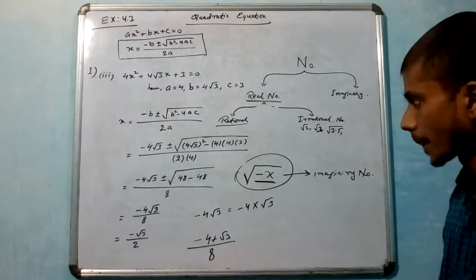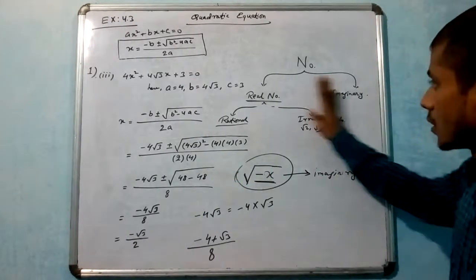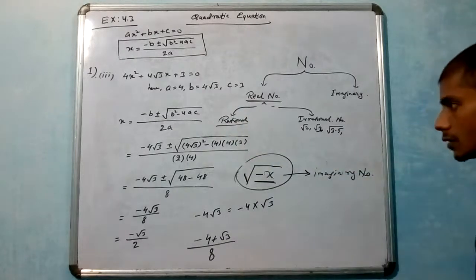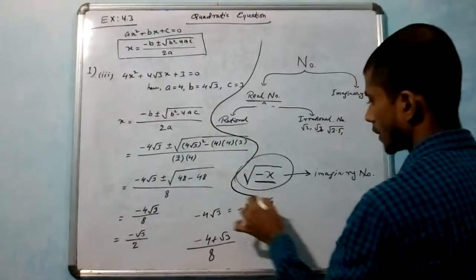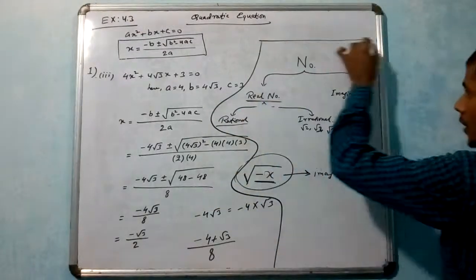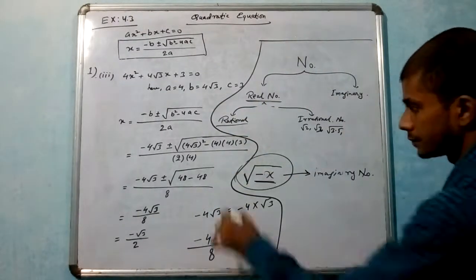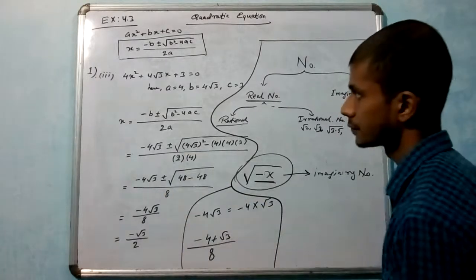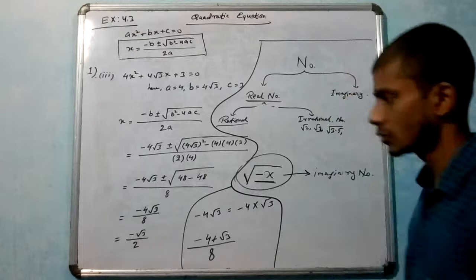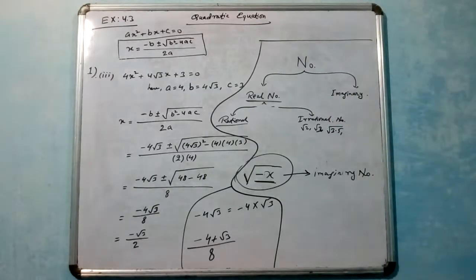Understood? So this is the case if we get something negative inside the root. Fine? So understood how to solve? Easy only, no? We will see in more detail when we see the nature of roots, the last exercise of this unit.